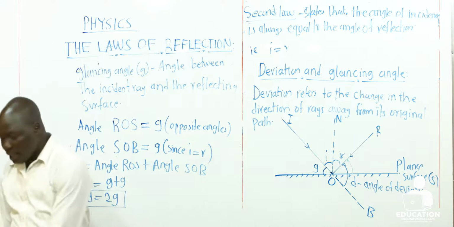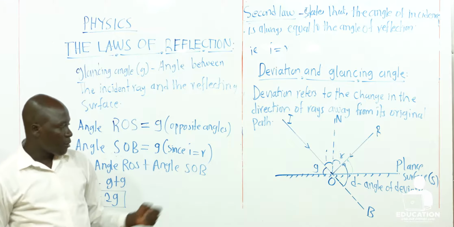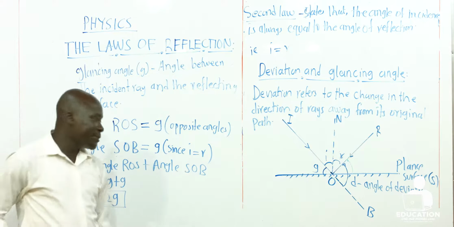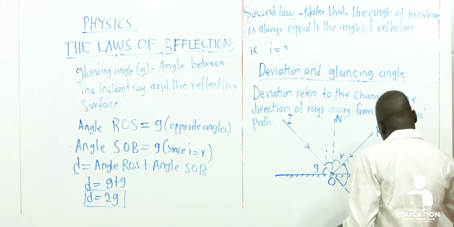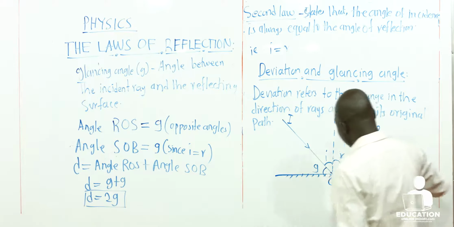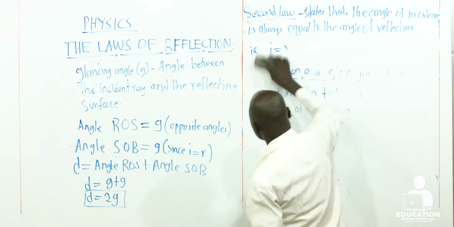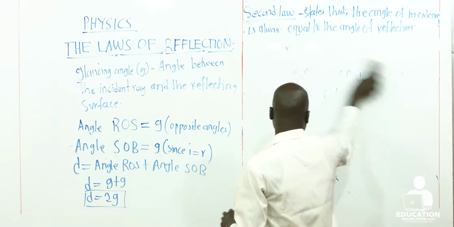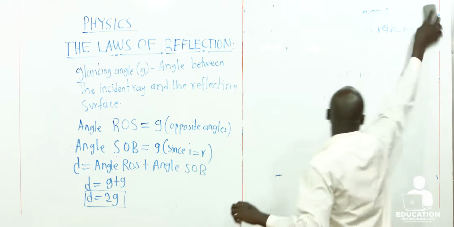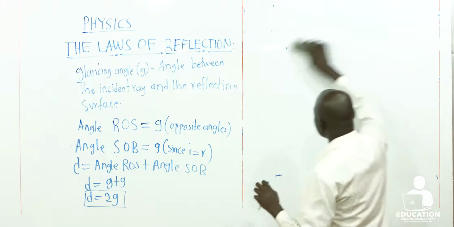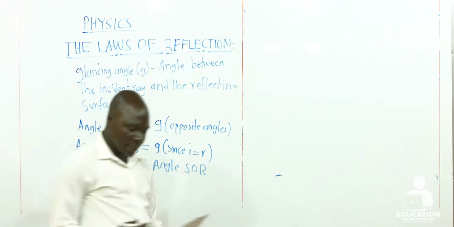So dear learners, let's look at an example on how we can determine the angle of deviation from the formula which says D is equal to twice G, meaning the angle of deviation is equal to twice the glancing angle. Let's see how we can apply the formula in determination of the angle of deviation. That is the angle from which the direction of the ray has been changed.